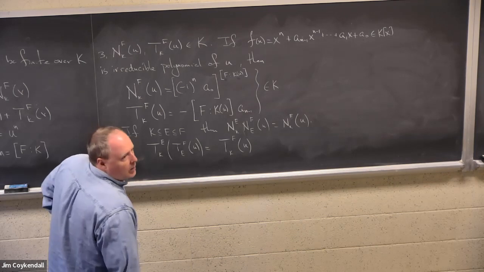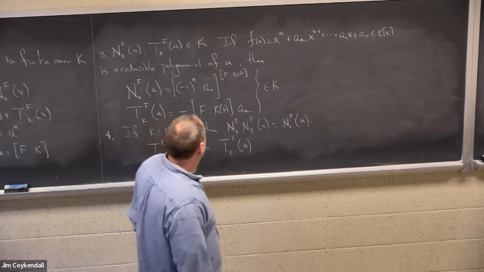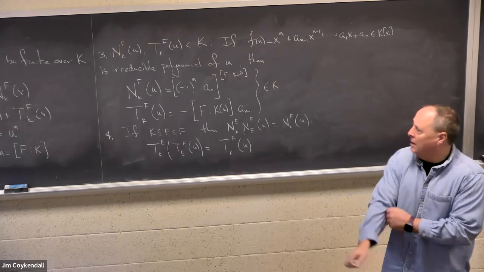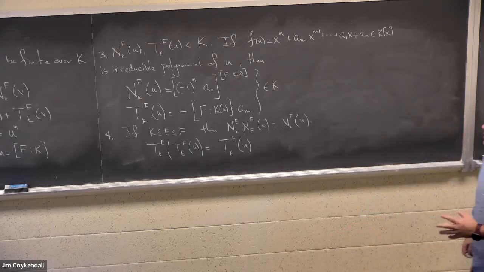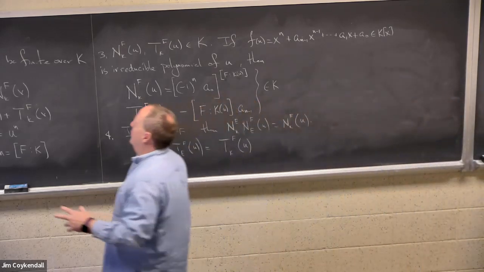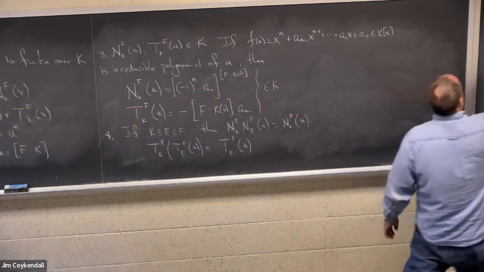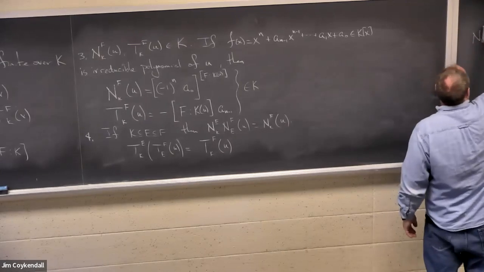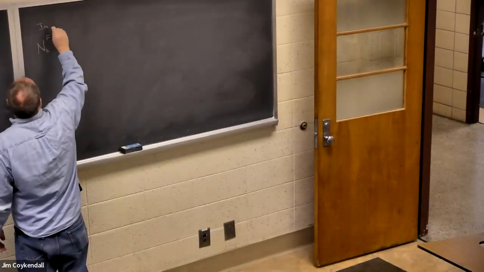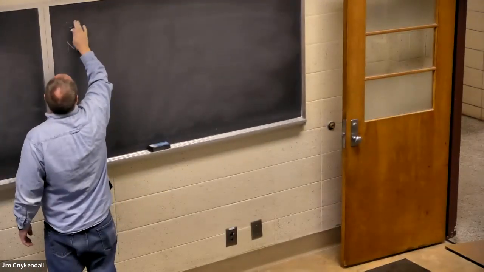The irreducible polynomial will be the minimal polynomial. Got it. Yeah. So, for example, if you look at the norm, well, no, it actually doesn't matter.